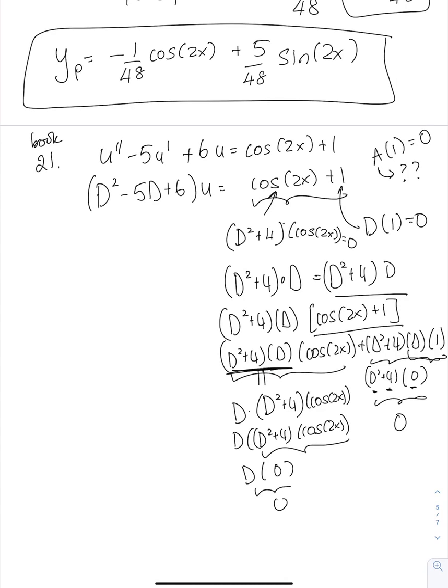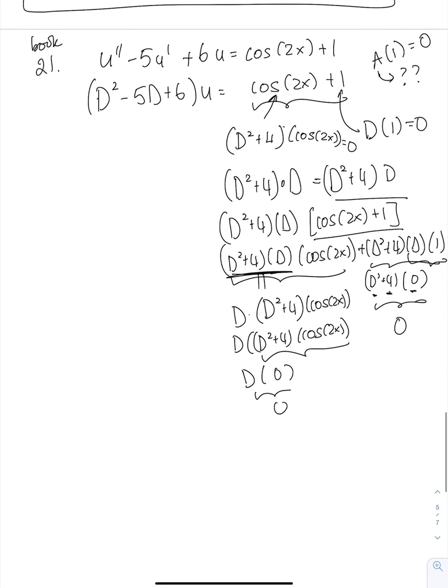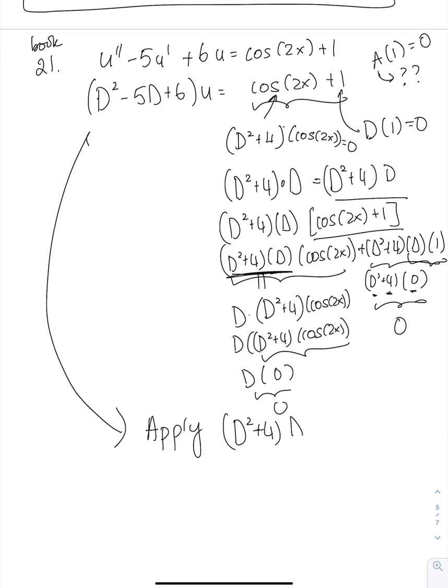All right. Now we know that D squared plus 4 times D annihilates the right-hand side. So apply the operator D squared plus 4 times D, and if you want, you can write D cubed plus 4D, that's fine, to both sides.